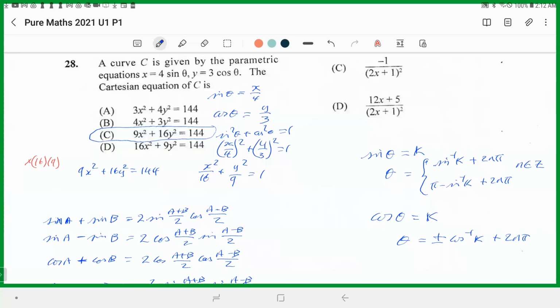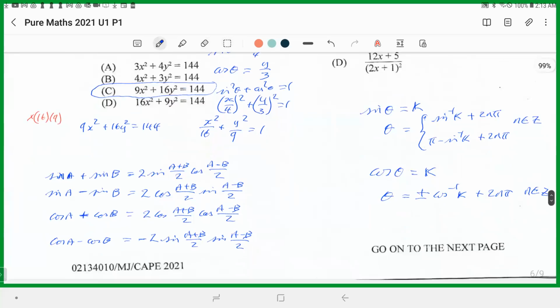Again, n is an integer. And then the tan one now. If tan theta equals k, then theta equals tan to the minus 1 of k.